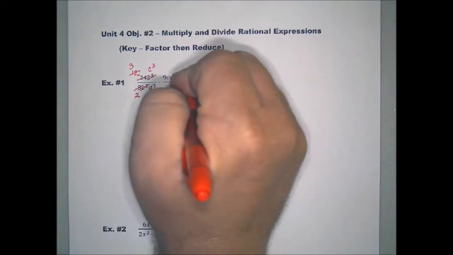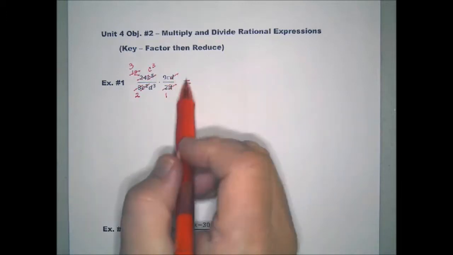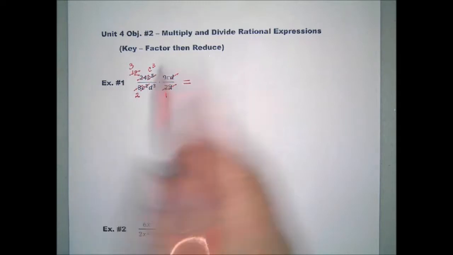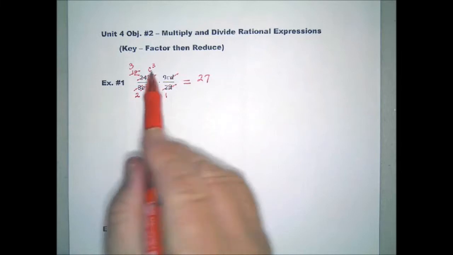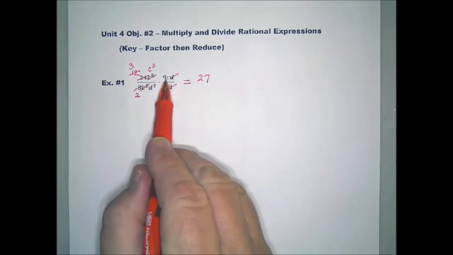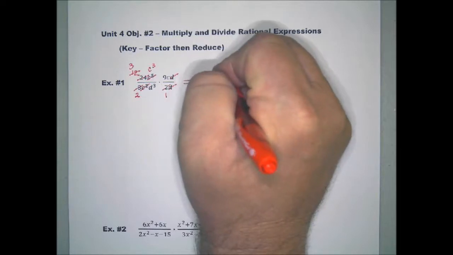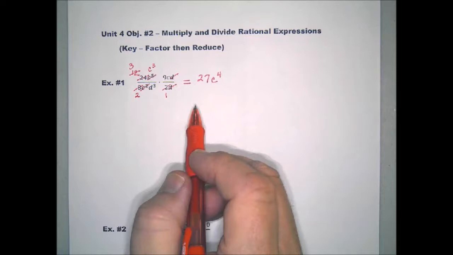And now that I have finished all the reducing I possibly can, let's see what I'm left with in this problem. I've got that 3 multiplied by that 9, which is 27. Now I've got this c cubed multiplied by that c, so that would be c to the 4th. And I think that takes care of the numerator.